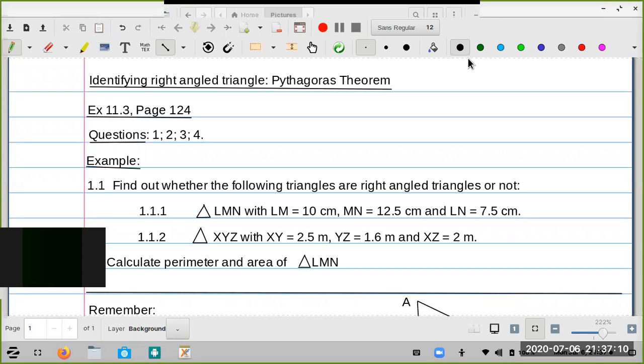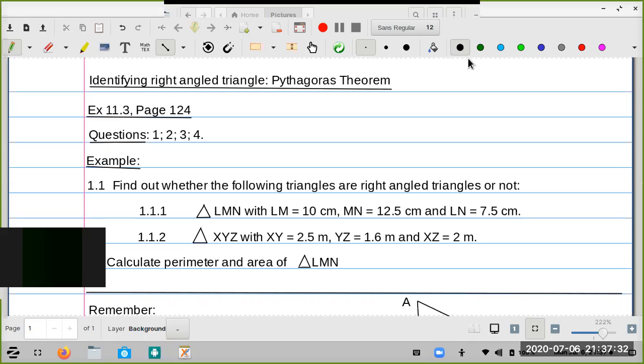Now, how do we identify a right-angled triangle by using Pythagoras theorem? Right, we are going to look at how we can make use of Pythagoras theorem to identify right-angled triangles, or those triangles that are right-angled, right?